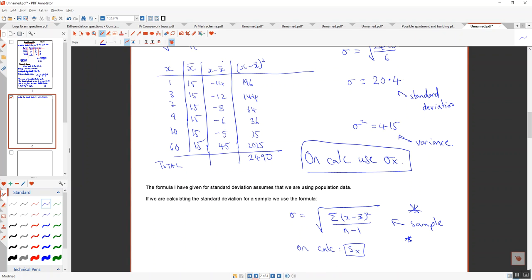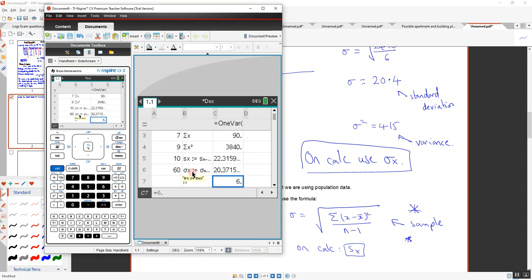So whenever we put this into the calc, here we've got sigma x. This is my population standard deviation, 20.37, which is what we worked out. This is us assuming that it's a population that we're taking this data from. This is like saying that's all the data, there's 6 pieces of data, that's it.